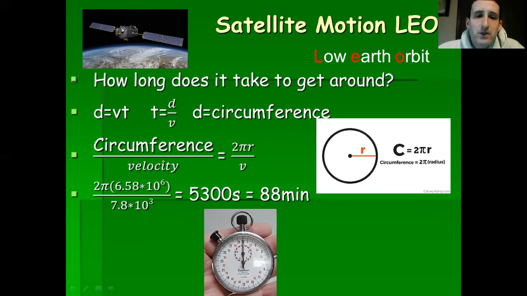So our circumference divided by our velocity, 2 pi r divided by our velocity, 2 pi times this radius of our satellite from the center of the Earth divided by our velocity, which was 7.8 thousand meters per second, yields 5,300 seconds, which if you divide by 60 comes out to be 88 minutes. So those satellites in low Earth orbit go around the world every 88 minutes.